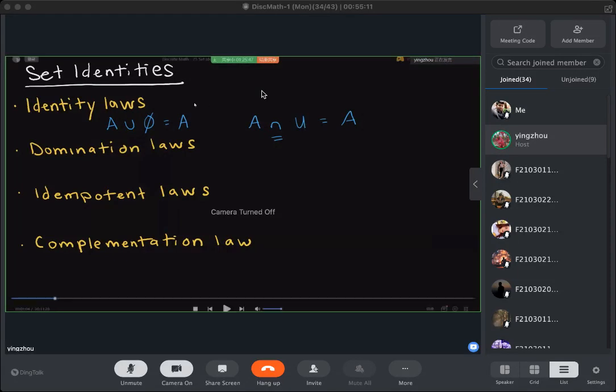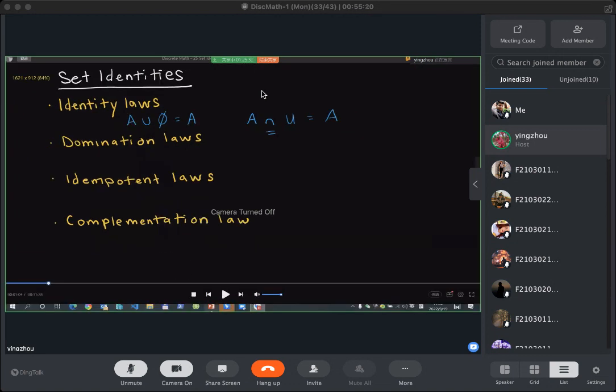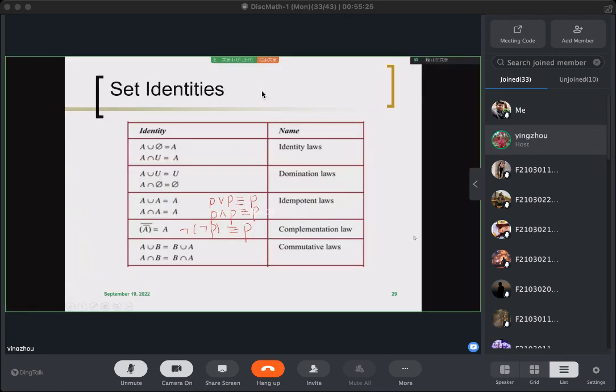If you just refer to the logic expression, it shows the same thing. The empty set symbol corresponds to always false for the logic value, and here the universal set is always true.